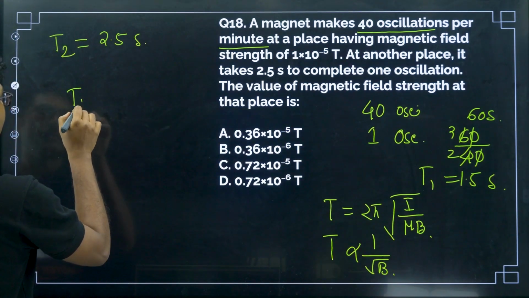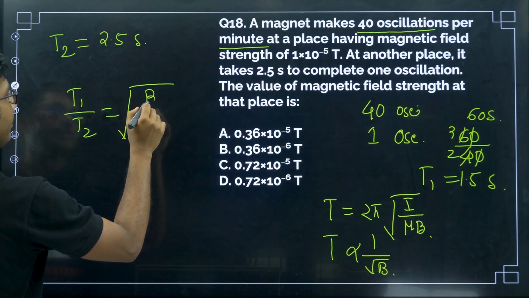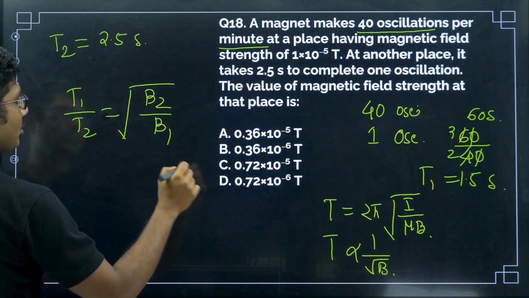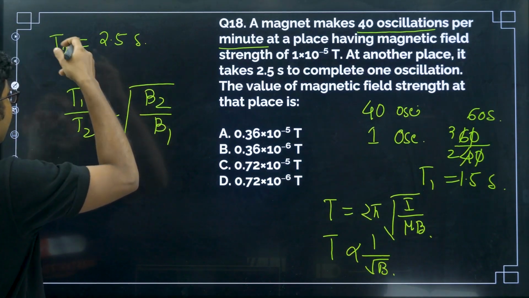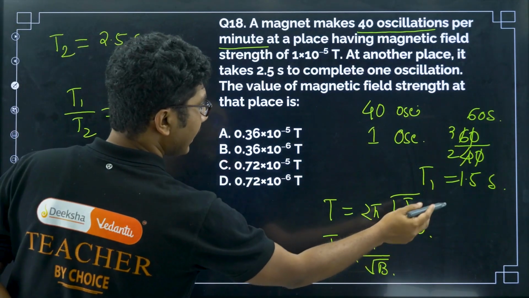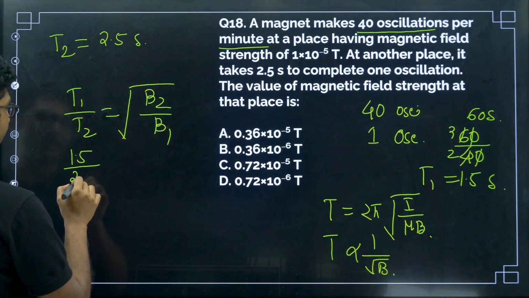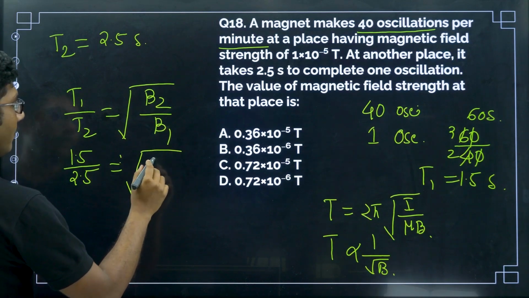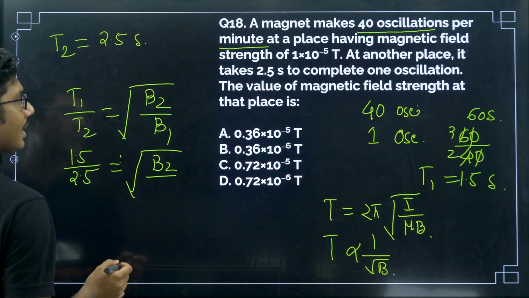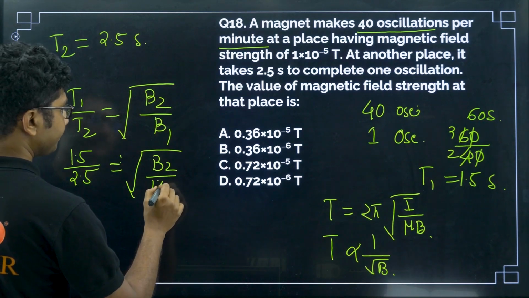Now T1 by T2 therefore will be square root of B2 by B1, inversely proportional. So first it will reverse. Now T1 is given as 1.5 second, T2 is given as 2.5 seconds, B2 we don't know, B1 is given as 1 times 10 to the power of minus 5.